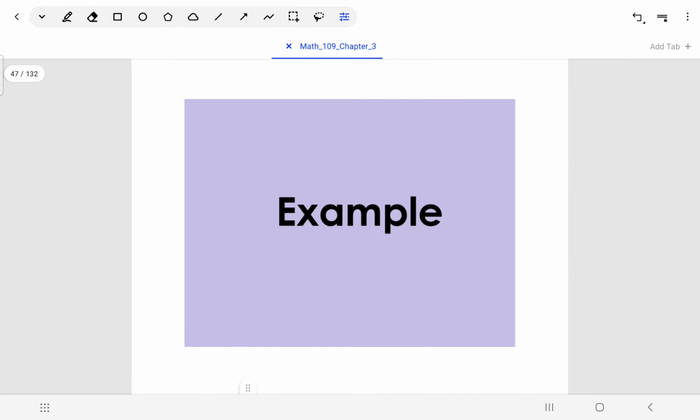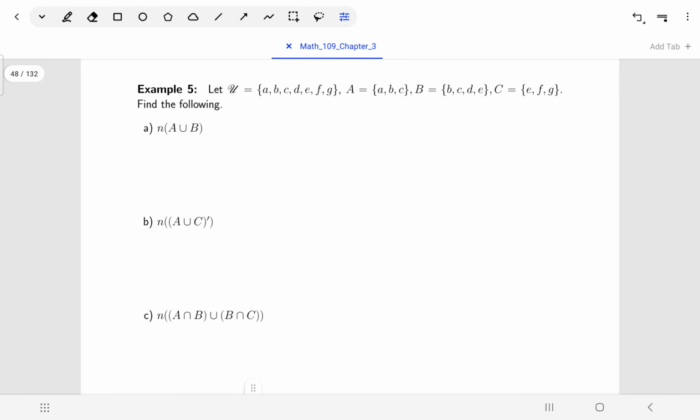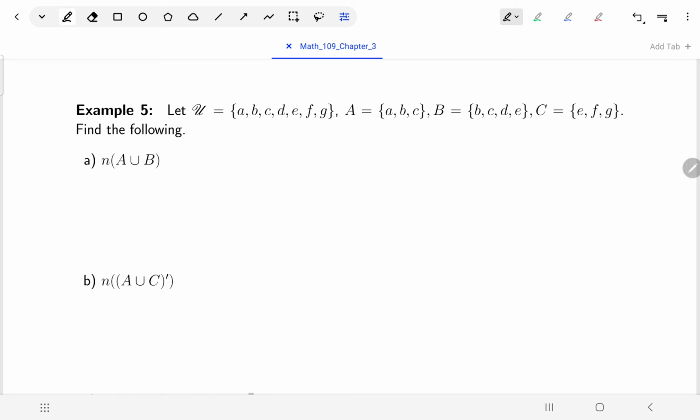Let's do an example. And we're going to start with a nice one where we've got a small universe. This universe only has 7 things in it, so relatively small, which means if we're looking for the number of things in A union B or anything else, I can start off by first finding A union B and then just manually counting. So first off, what is A union B?